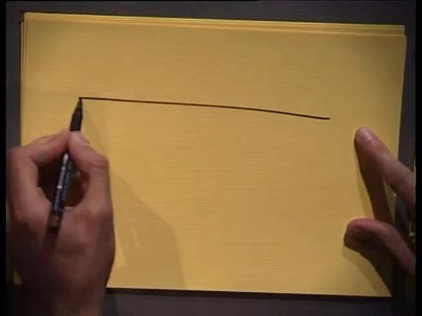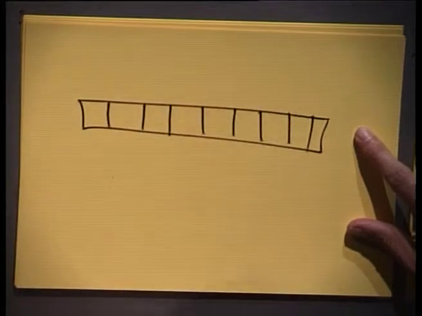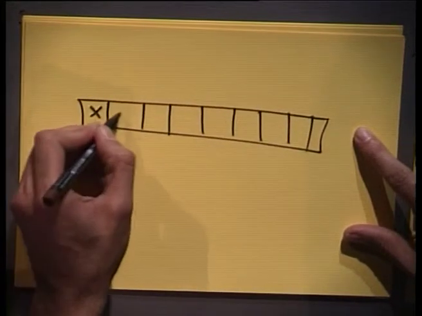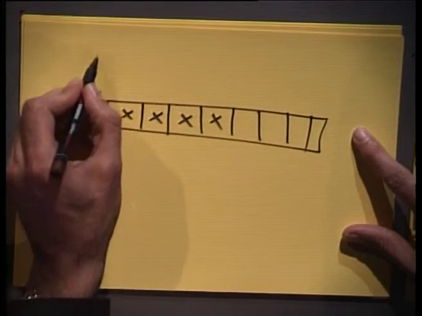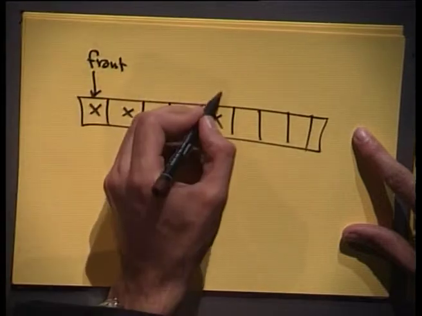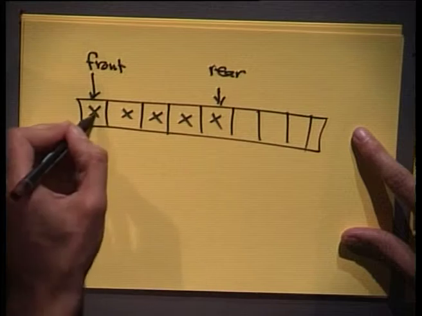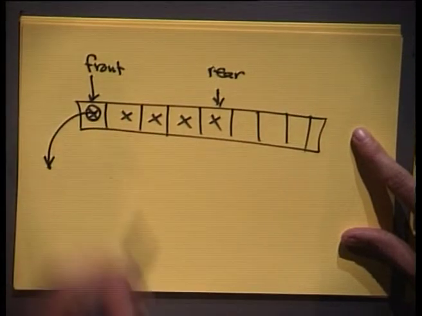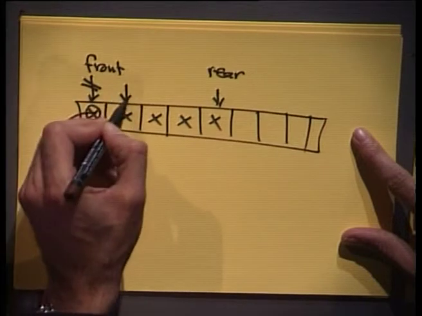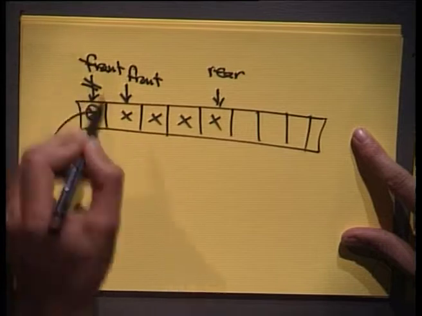Here's my queue, okay? And I'm going to assume that I already have customers like this. So here's my front, and here's my rear. Nice. Now when I serve this and it goes out of the queue, I'm going to move front up here rather than here.